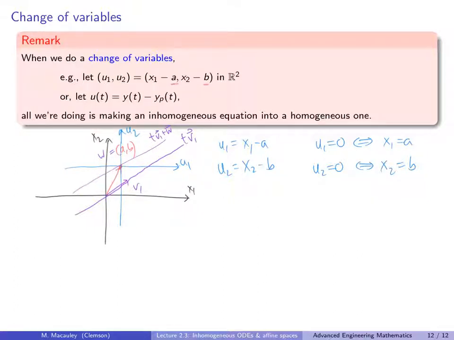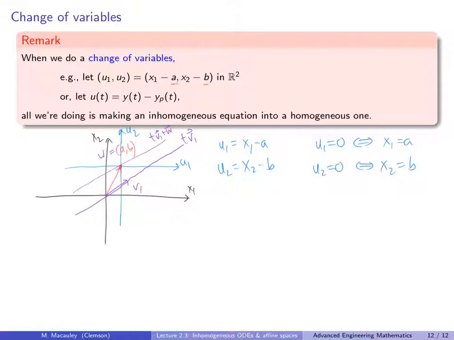It does not go through the origin in the x1, x2 plane. But when we change variables, when we let u1 and u2 be these, now we are redefining our coordinate system so this affine line goes through the origin.